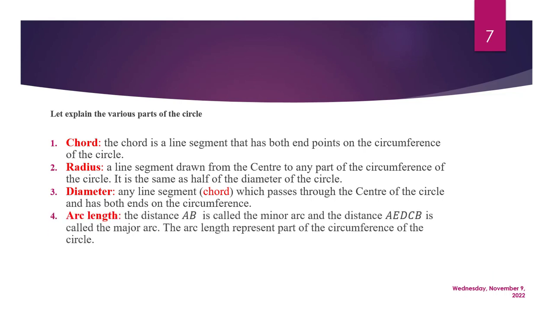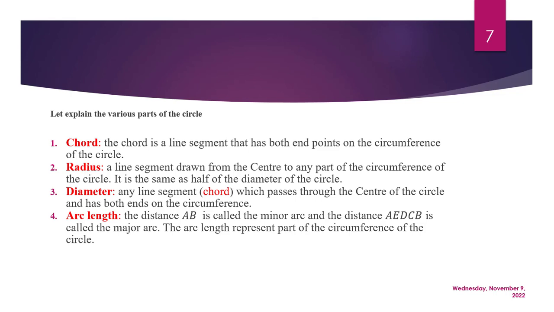Also, we have arc length. What is an arc length? The arc length represents part of the circumference of the circle. Very simple. From the diagram of the parts of the circle, the distance from A to B along the circumference is termed the arc, and it is the minor arc.